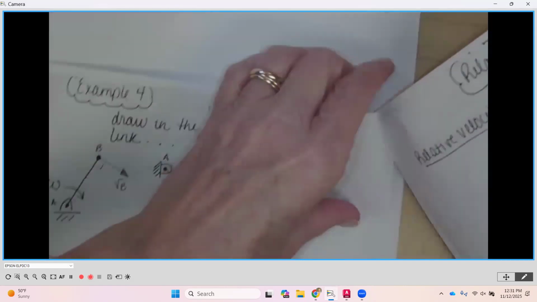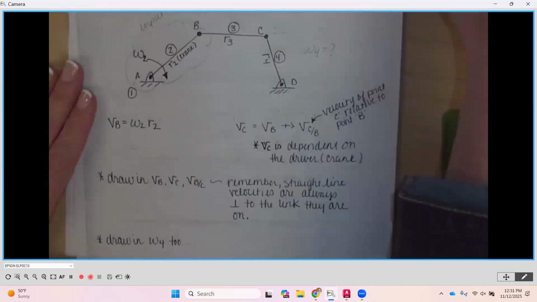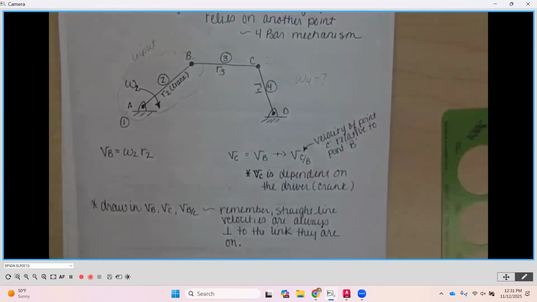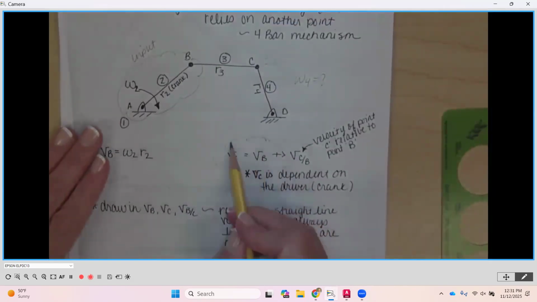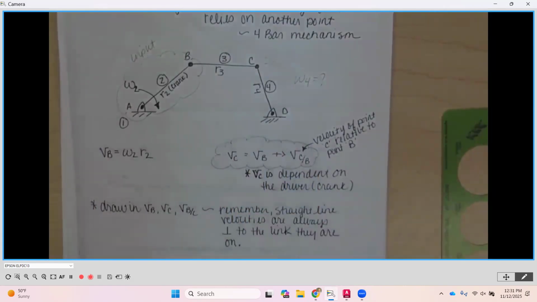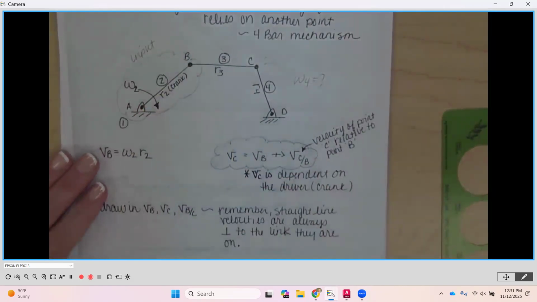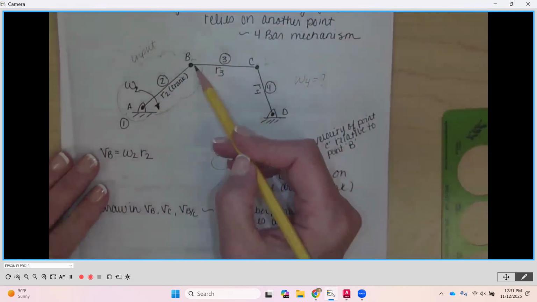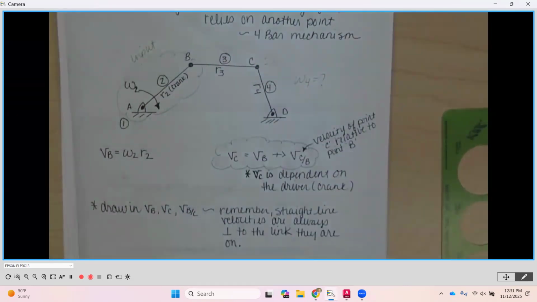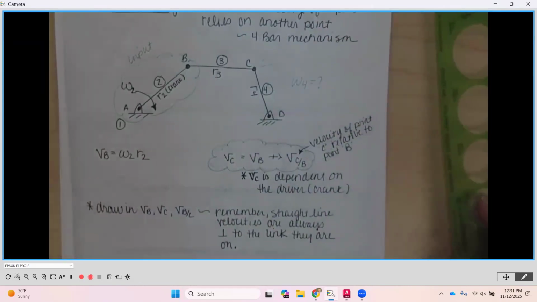Now let's kind of go back here, kind of fill in or talk about the items that are here. So this is our base relative velocity equation, okay, for the illustration that we see above. So assuming we know everything on the crank, how fast it's going, how long it is, that the velocity of B here is out here, we can draw the velocity of B in place. Go ahead and do that.